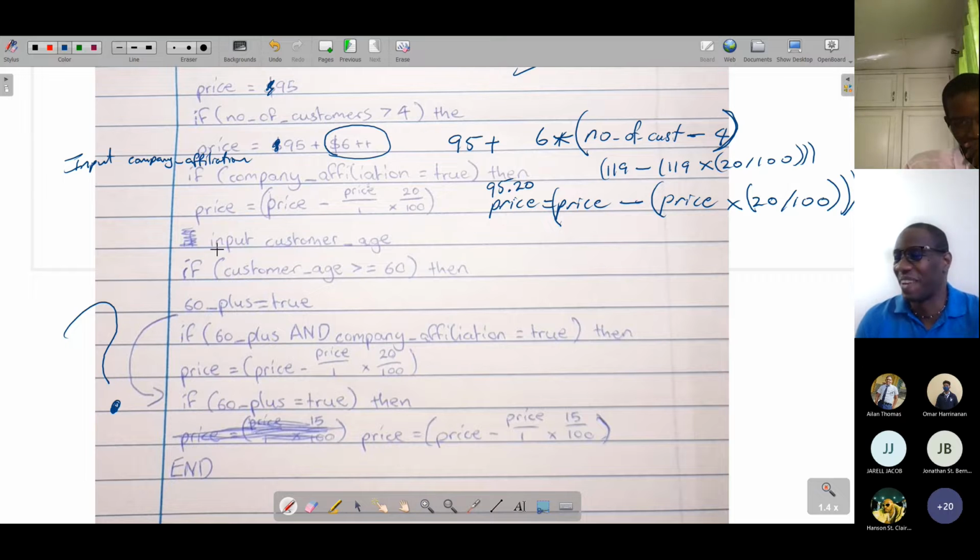All right, could you explain that again? Okay, so the line that I just read, 60 plus equals true. The line that's supposed to come after that is the line that is 3 lines down from it. Okay, so the line that is 1, 2, 3, this line here. Yes, sir. So then you had an if statement inside of an if statement. Not necessarily.